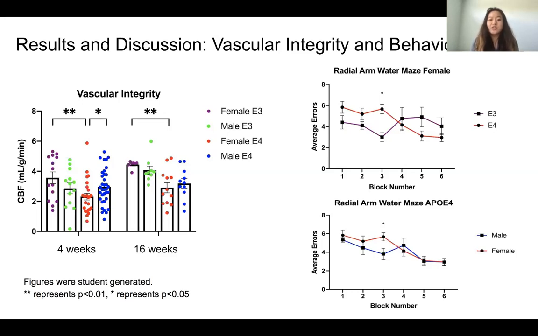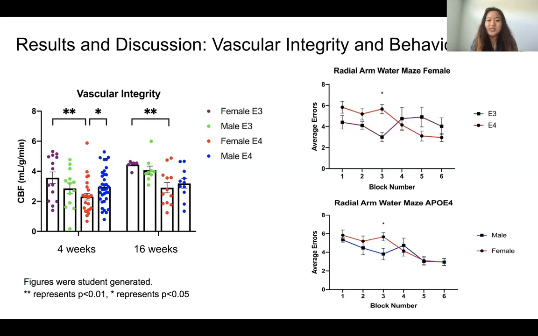The first 3 blocks are the learning phase, where the mice are first exposed to the radial arm water maze, and they have 3 trials to begin to understand exactly what's going on. The second 3 blocks are more of a recall phase. Having a test that tests both memory ability and learning ability is really indicative of what's happening in these brains.